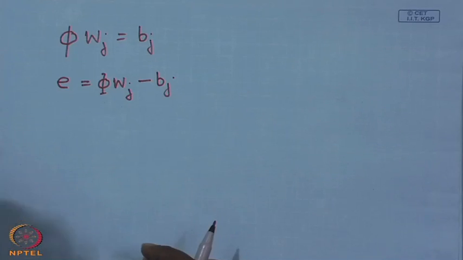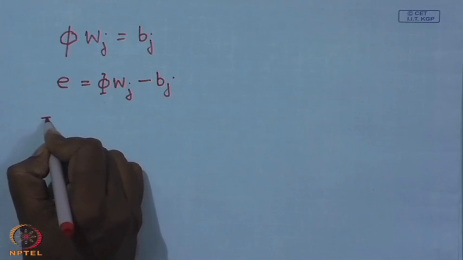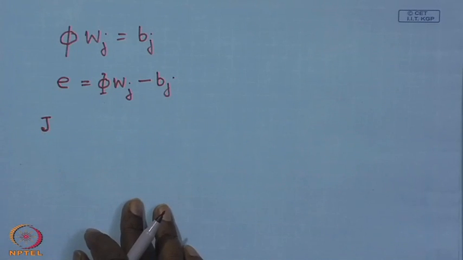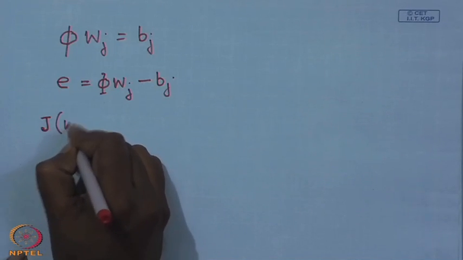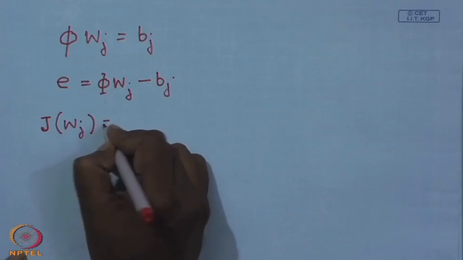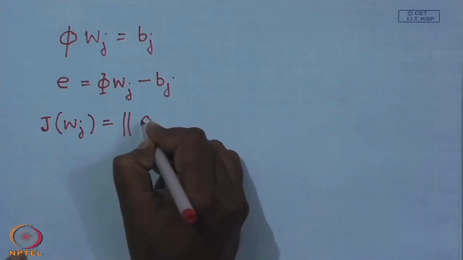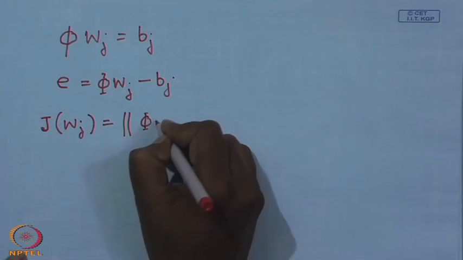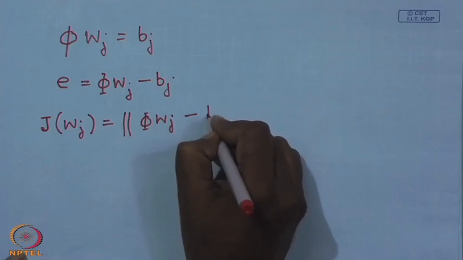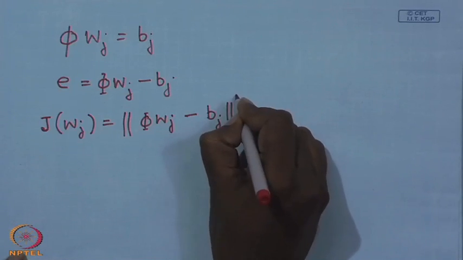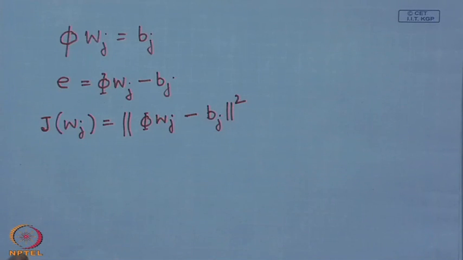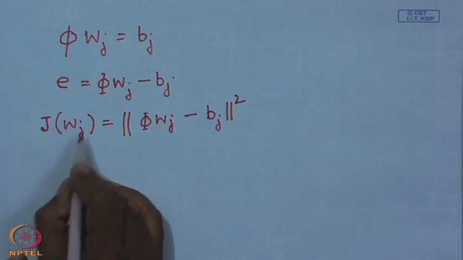So, in order to do that, as we have done earlier for the mean square error technique for classifier learning or classifier training, I can also define here a criterion function J of w j, which is given by the norm of phi w j minus b j, and then I take the gradient with respect to w j.